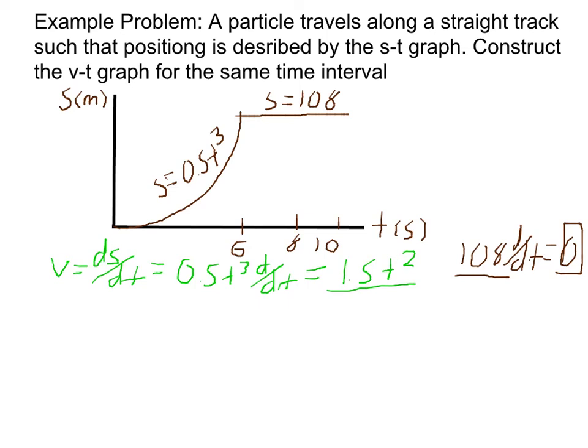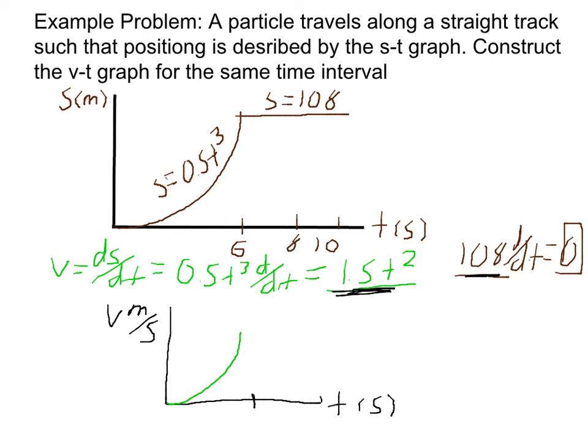Now let's draw the v versus t graph. We have v in meters per second and t in seconds. From 0 to 6 seconds we have this slope, and from 6 to 10 we have this. Let's do that.